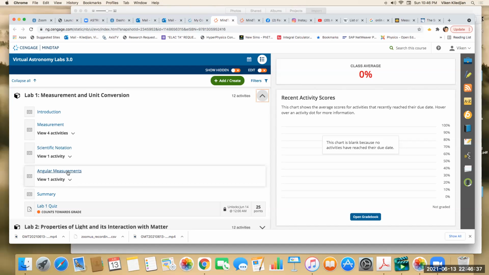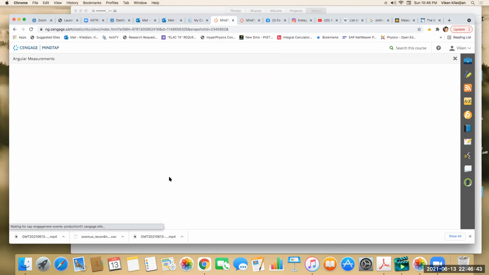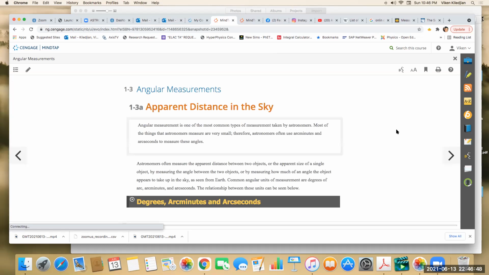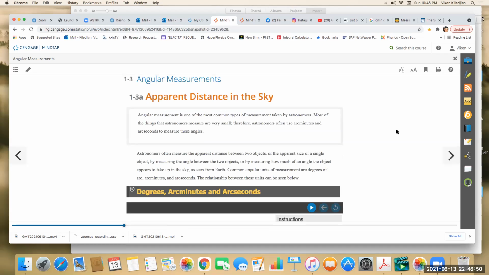Now we go to I believe that's the last one, angular measurements. So try to do your best on that scientific notation one. I think it allows you to take it once or twice. So try to do your best.